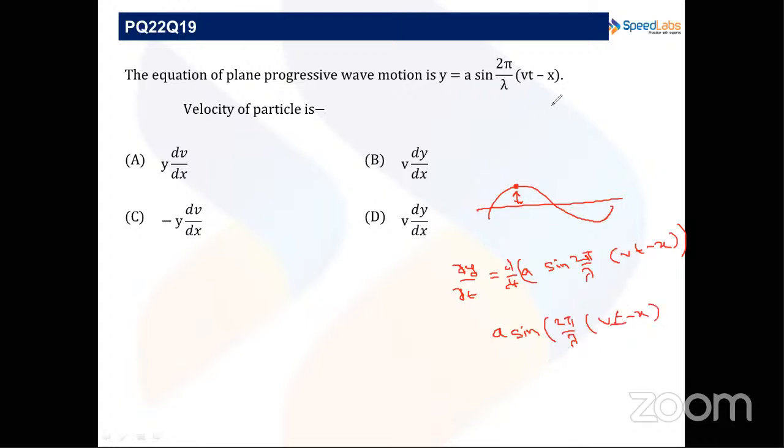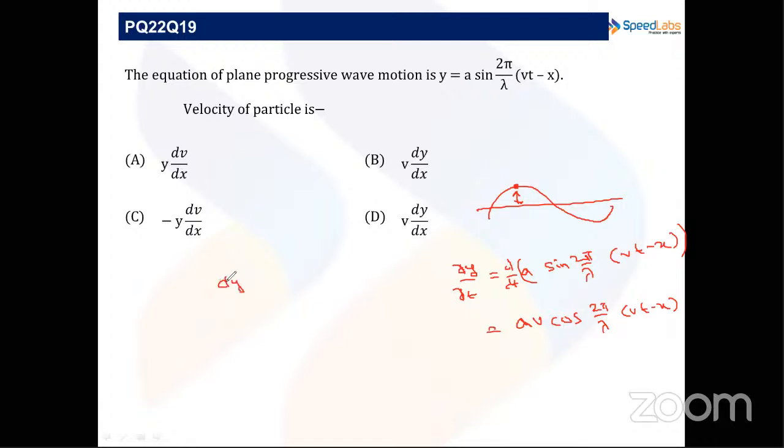One second, what I am doing, 1 second. We will differentiate this with respect to time. So a sin becomes cos, a cos of 2 pi by lambda (vt minus x), and a v comes outside. Now get dy by dx also, because it is there in all the terms.